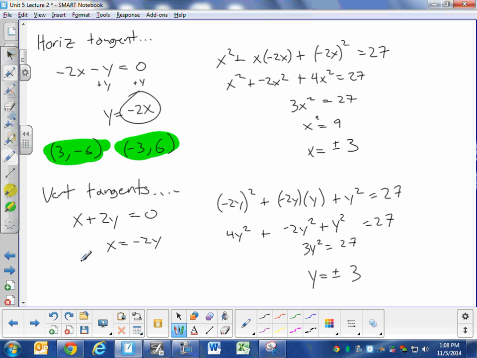Well, let's not be too afraid. Neither of these points have y's that are ±3. Okay, so we have just 2 new points. One with a y of +3, one with a y of -3. I plug in +3 into this second equation. I get -6. Plug in -3 into the second equation. I get +6.